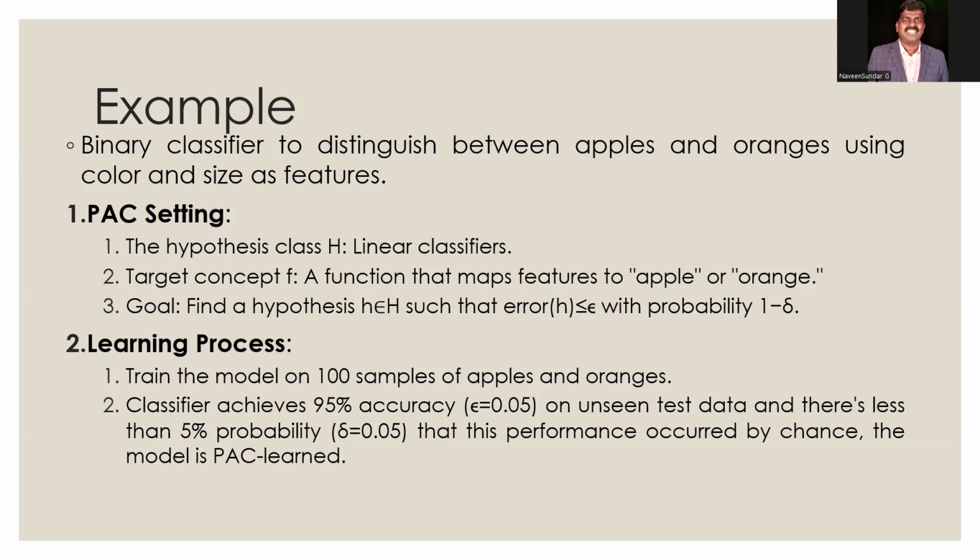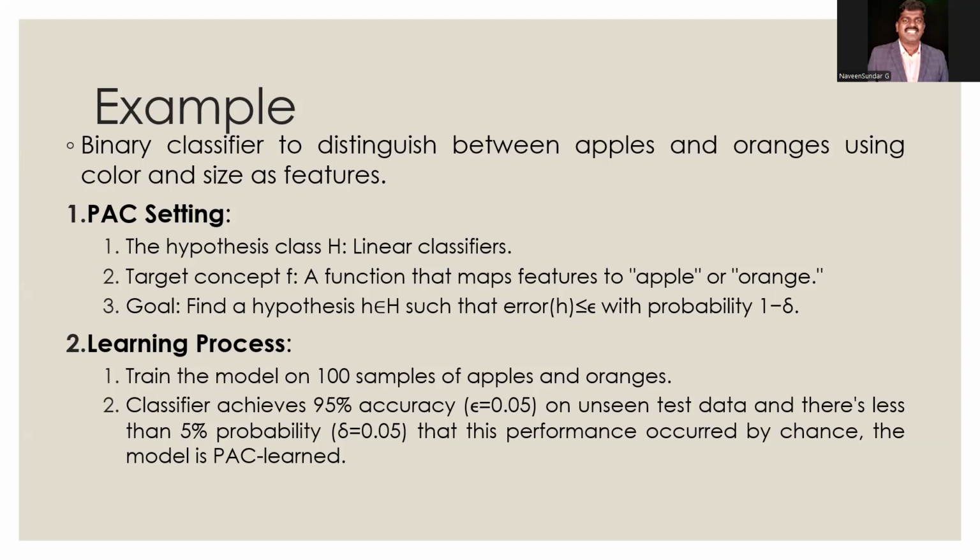That is how we find out based upon the features. So what is this PAC setting? Here the hypothesis class is linear classifiers. As you know, a linear classifier is a straight line that separates or classifies the different items in the data set.